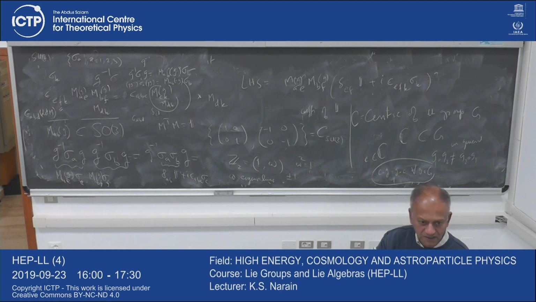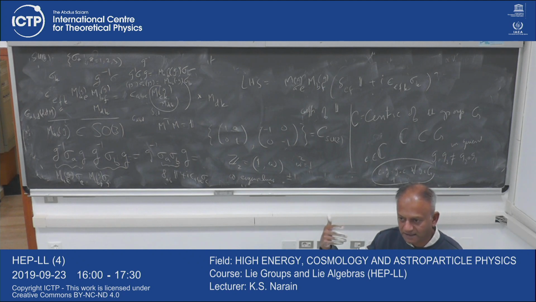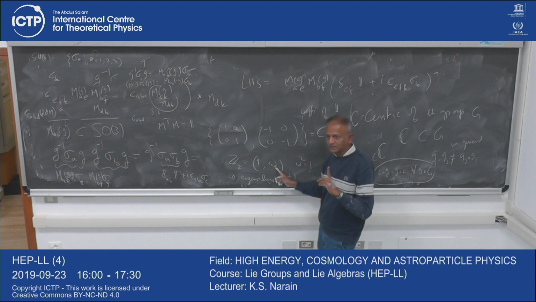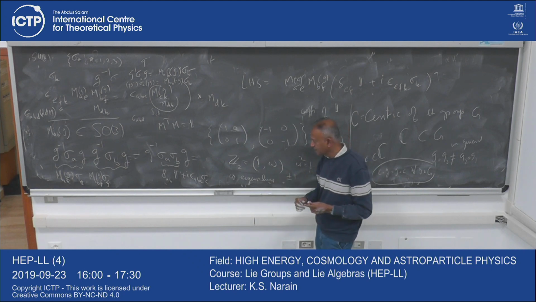When you talk about bosons, scalars or vectors and so on, they all have only integer spins, so on them this center, this omega, will act as a +1. But if you put fermions, spinors, in 3 dimensions, spin half, they will have a -1 eigenvalue. So it splits.